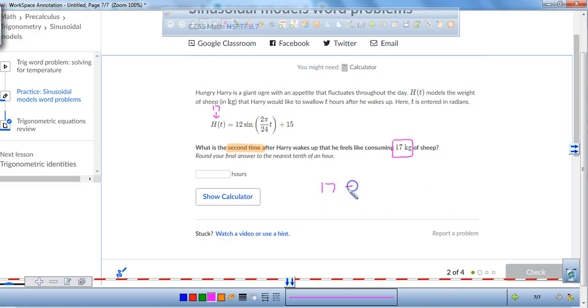17 equals 12 times the sine of 2 pi over 24 t, plus 15. Oh, looks like our period is going to be 24 hours. Interesting.